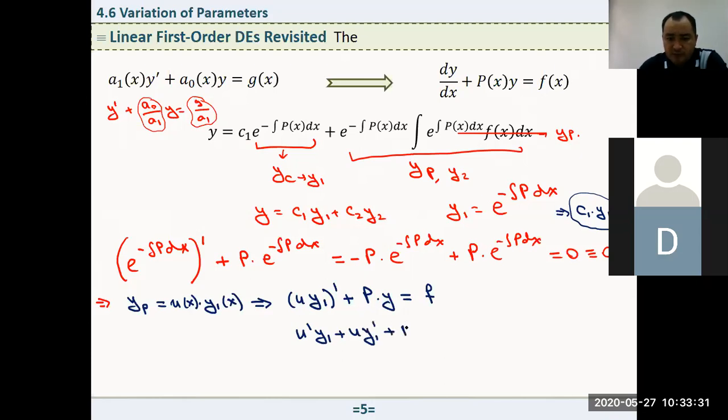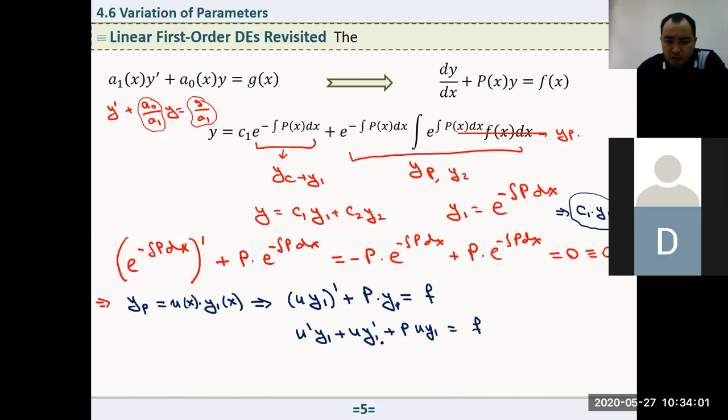Plus, and here we have p y. And actually, what is y? y is the particular solution here. This one is the particular solution, right? So that is equal to this thing. It is u y1. On the right hand side we have f.